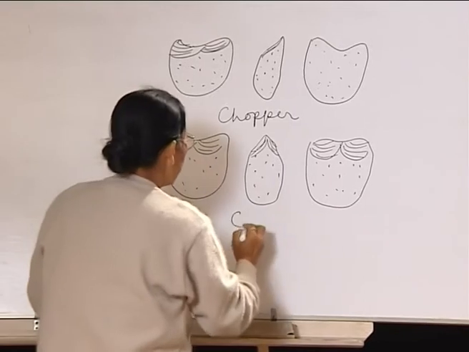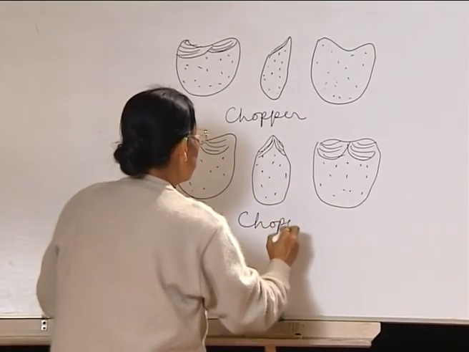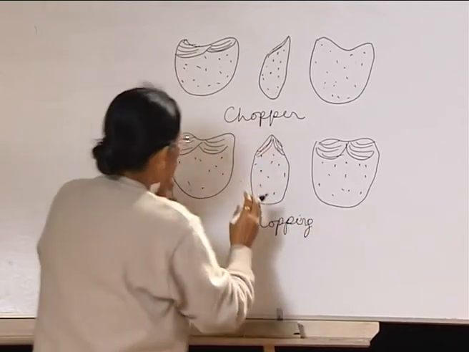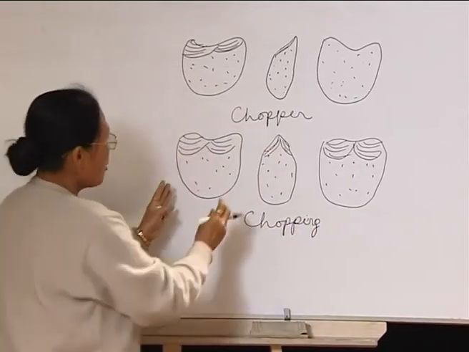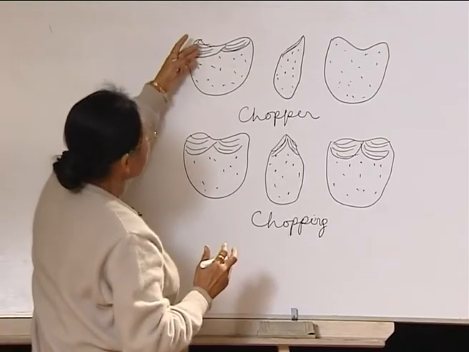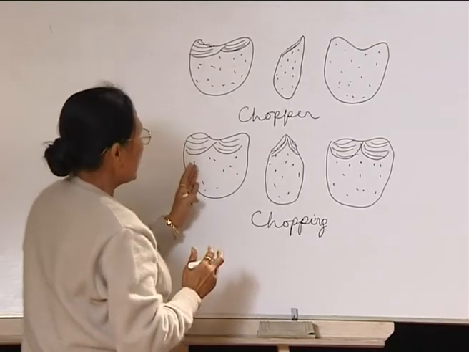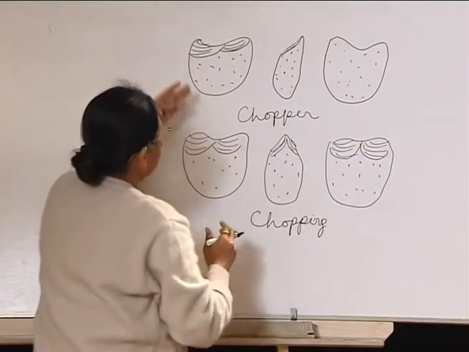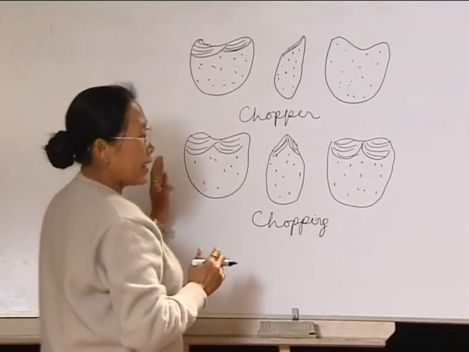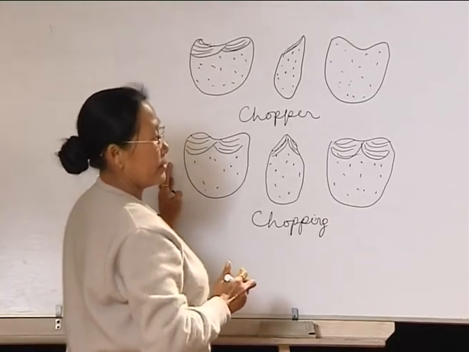Both chopper and chopping tools are pebble tools because both of them are prepared out of these pebbles. In this case only one side is working, in this case both sides are working, and it is produced by block on block technique, whereas it is produced by direct percussion or stone hammer technique.